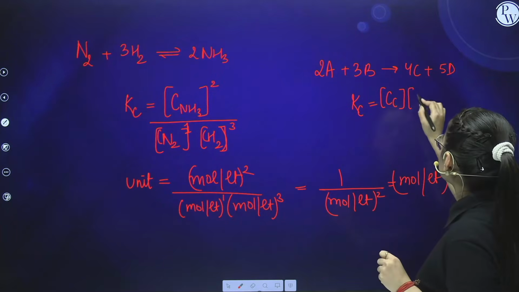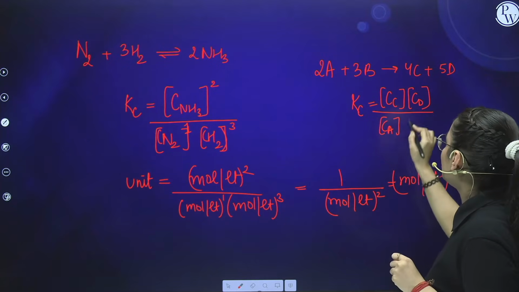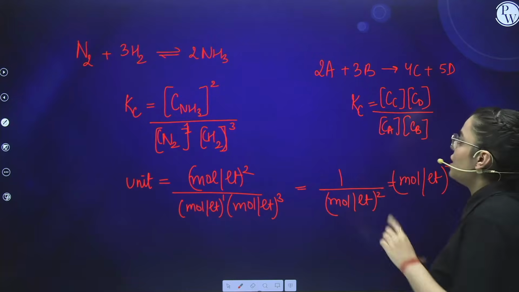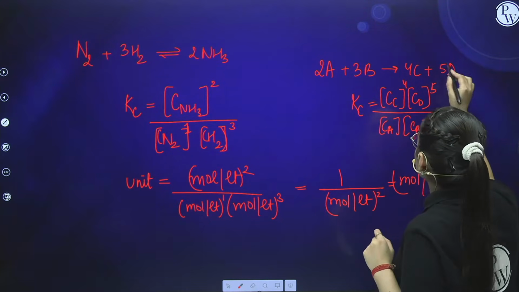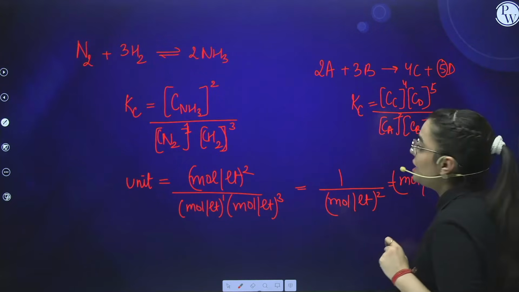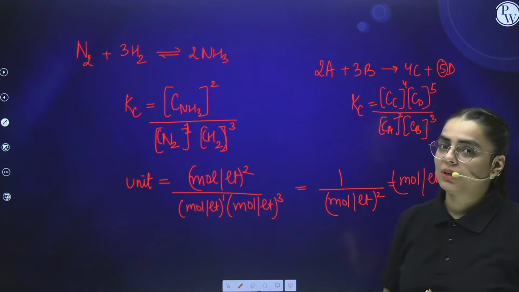Then the concentration of D divided by the concentration of A into the concentration of B. Now the numbers will come in the form of powers. For C, the power is going to be 4. For D, the power is going to be 5, because it is a 5 in front. For A, it is going to be 2. For B, it is going to be 3. Such kinds of questions arise in your examination.